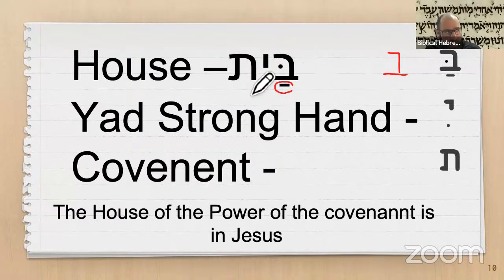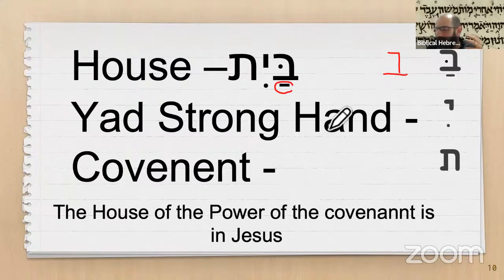Beit, which literally means house, all right? The Yud has a meaning, which is the strong hand of God. The Tav is a covenant. So the word Beit literally means the house of the power of the covenant.